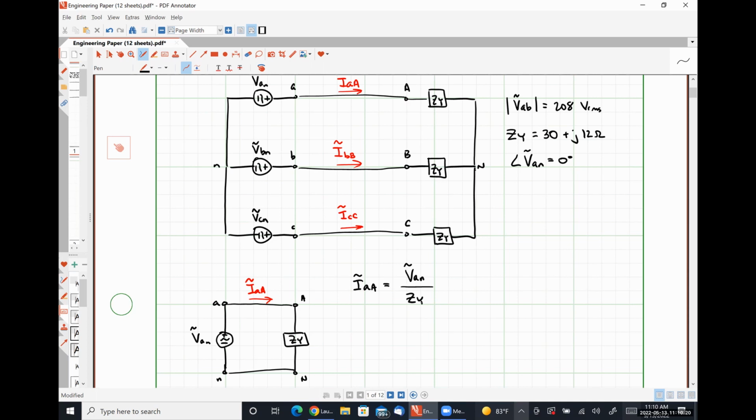So my question to you guys is, how do we figure out what VAN is? Because we don't know what that voltage is.